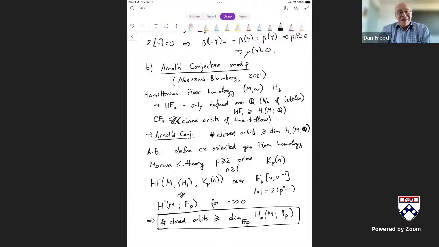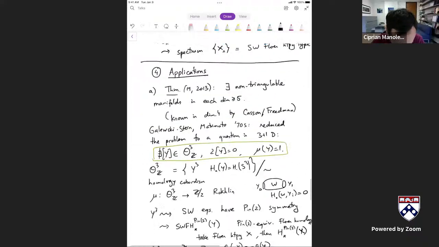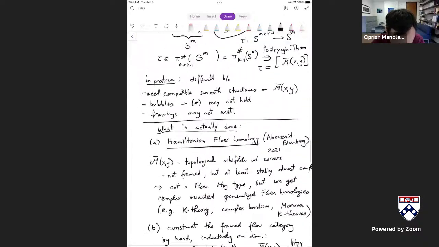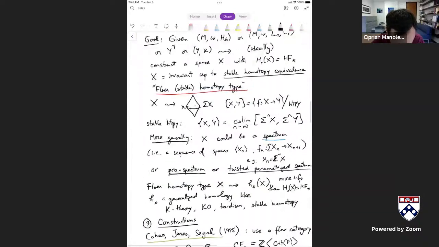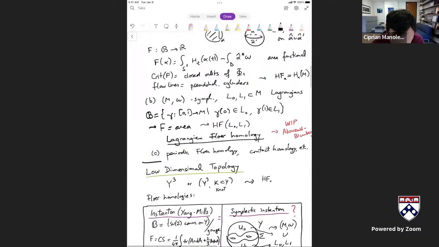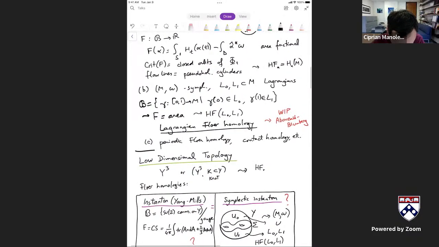Well, okay, then I'll ask Ciprian, what are the biggest open problems or new directions that people are thinking about? Well, defining these things for the theories where we haven't defined them. I understand Abouzaid and Blumberg are trying to define Lagrangian Floer homotopy and spectral Fukaya categories associated to symplectic manifolds.